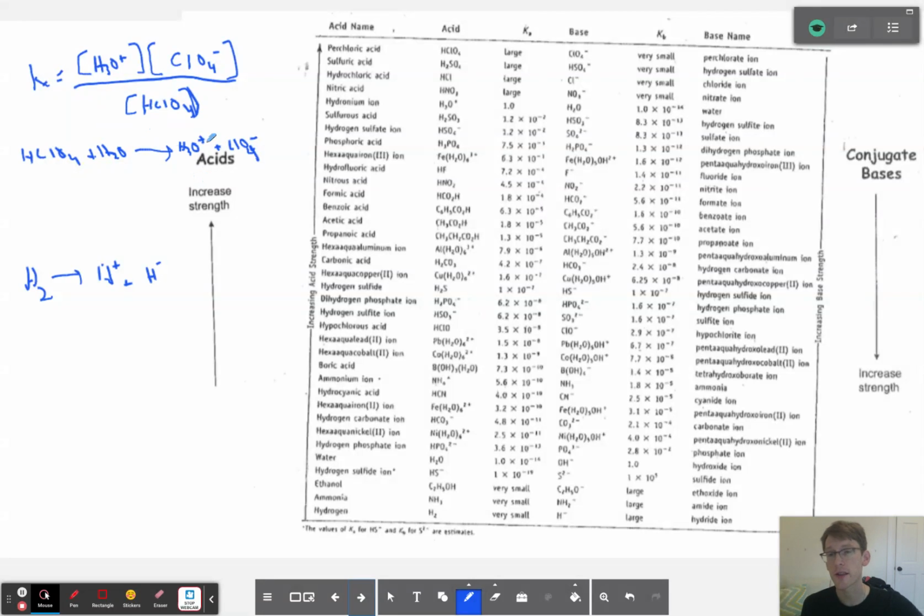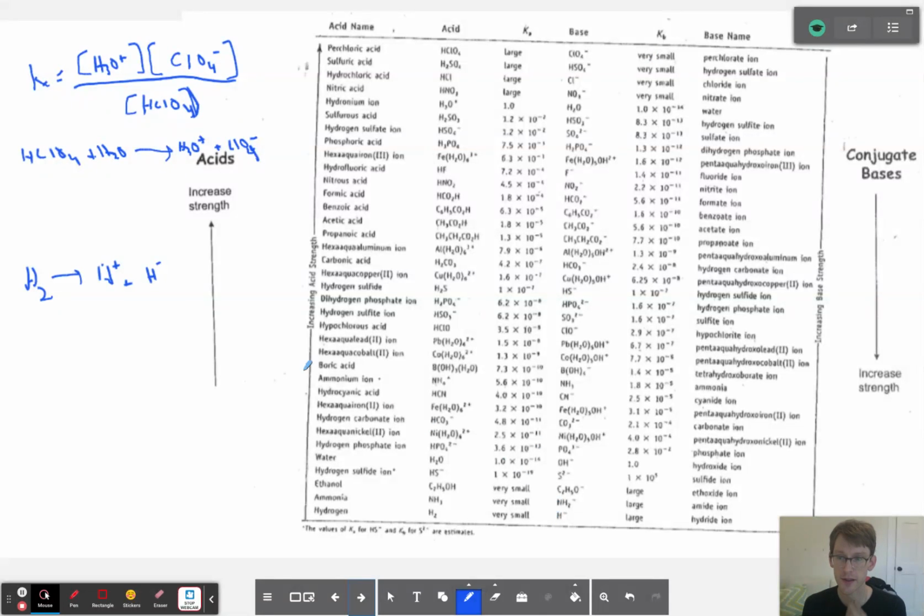By contrast, when we go over here to the right side and we look at the Kb, this is essentially the exact opposite. Our perchlorate anion is not a base. It's a terrible, terrible base, which is why perchloric acid is so strong. The reverse reaction going from here back to the left is not going to happen with any appreciable degree. And so that's why the Kb is so small.